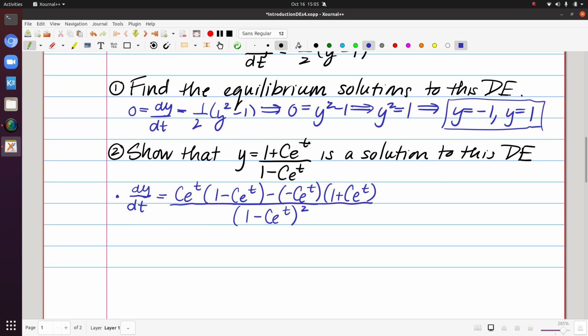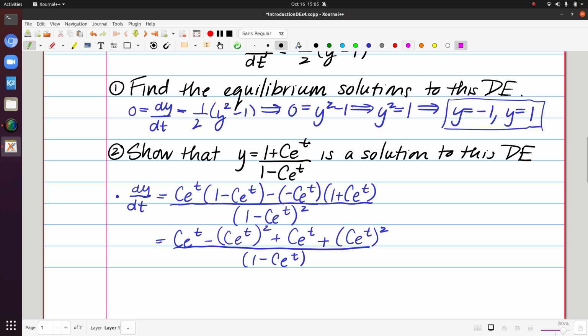So, of course, this looks complex. However, we can work through this and try to see what we have. The numerator is going to involve c e^t minus (c e^t) squared, and we're going to have plus c e^t plus (c e^t) squared over this denominator.